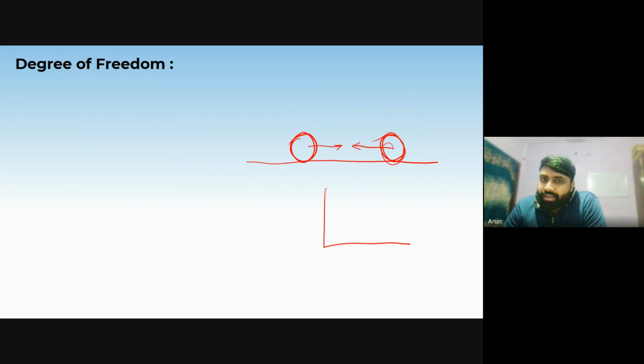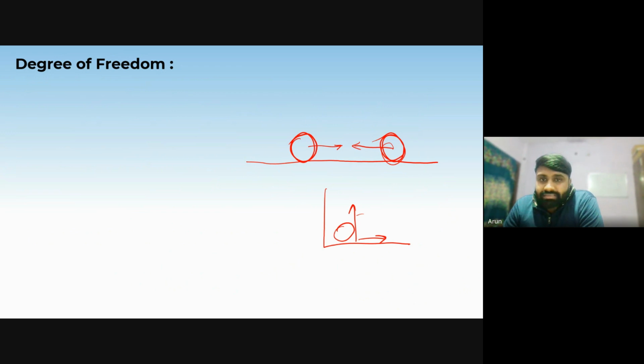Now, if I consider a plane, this ball can also move up and down. So there are two motions, which are also translation. I'm not considering any rotational motion of this ball, because a ball you can consider as a point mass, and a point mass has zero rotational motion.